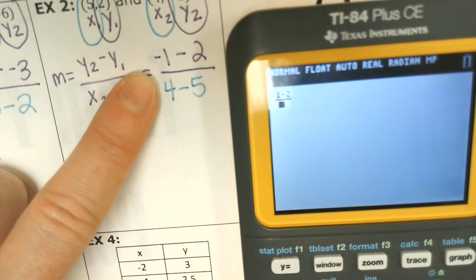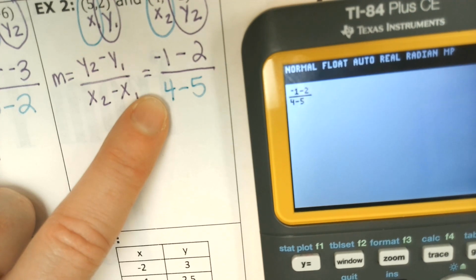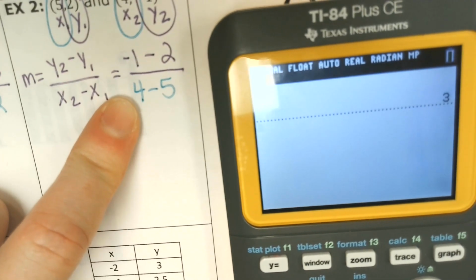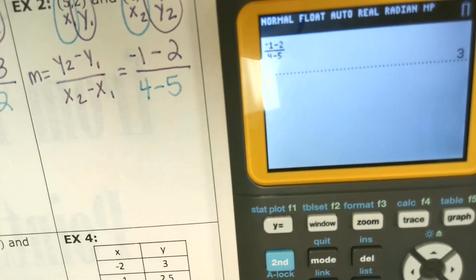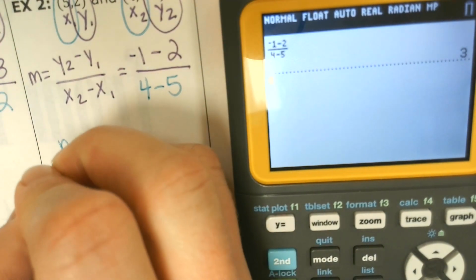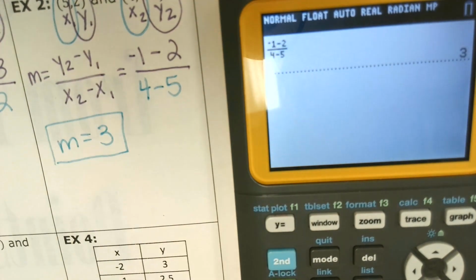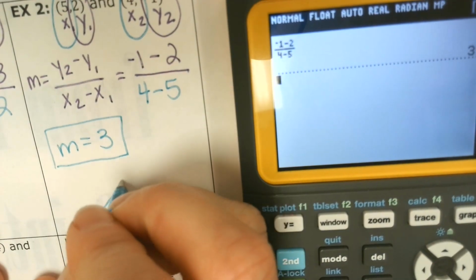There we go. Make sure you didn't do like I did. And then it's 4 minus 5. -1 minus 2 on top, 4 minus 5 on bottom. M equals 3. So this is a positive slope, so it's going to go uphill.